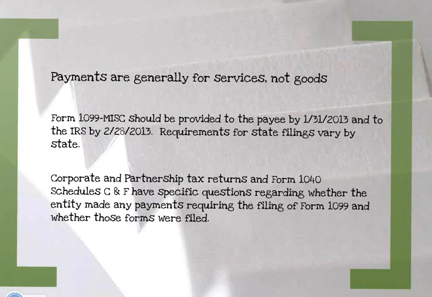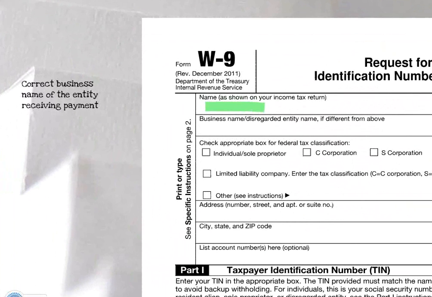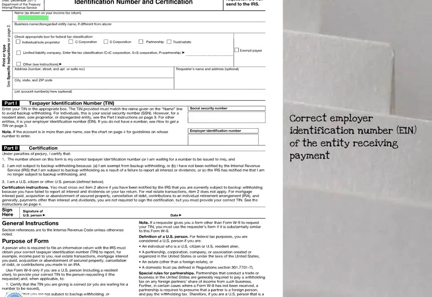Now, there are certain pieces of information you'll need to obtain to properly fill out this Form 1099 miscellaneous. We, again, want to make certain that we have the correct full name of the business or the individual receiving the payment. We want to double-check that you've recorded the correct EIN, also known as the employer identification number. So those are the big pieces we want to look through there.